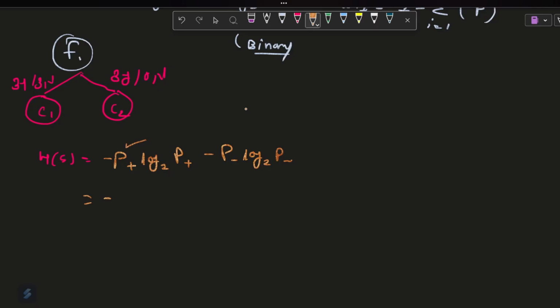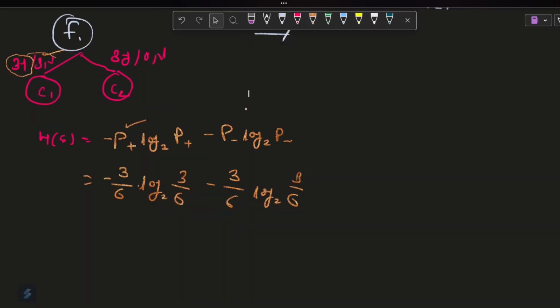The probability of p is 3 by 6, because there are 3 yes and the total number is 6, right? Log base 2 of 3 by 6. Similarly, when you calculate the probability of no, it is also 3 by 6, because no is also 3, so 3 by 6 log base 2 of 3 by 6.